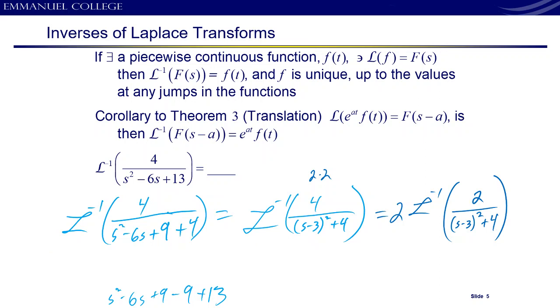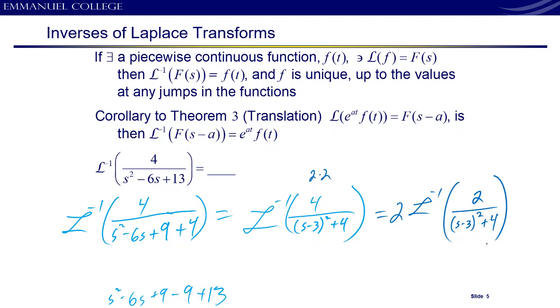Remember, the phase shift is very much just using the idea of a u substitution. So here we have 2 times the inverse Laplace transform of 2 over z squared plus 4.